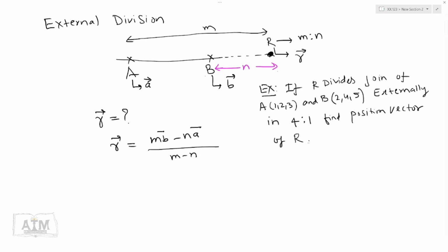Here is one example. If R divides the join of A(1,2,3) and B(2,4,5) externally in the ratio 4:1, find the position vector of R. So we have point A, nothing but (1,2,3), and point B, that is (2,4,5). First we find the position vector of point A, that is vector A equals i plus 2j plus 3k, and after that vector B equals 2i plus 4j plus 5k, and m:n is nothing but 4:1.